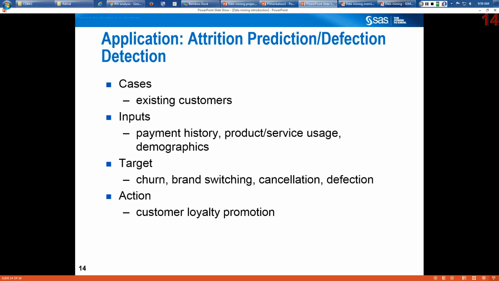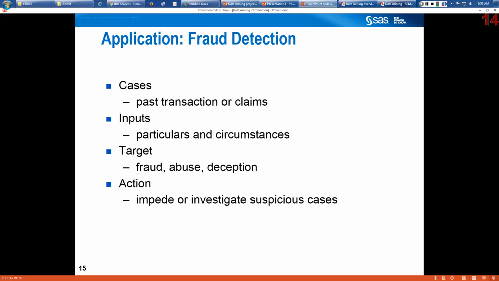So these are all target values, and the predictors can be the customer's payment history and how much product or service the customer has been using, and to some extent customer demographics can be used for predicting these. And of course we're going to be looking at existing customers to figure this out, and the objective would be to improve customer loyalty.